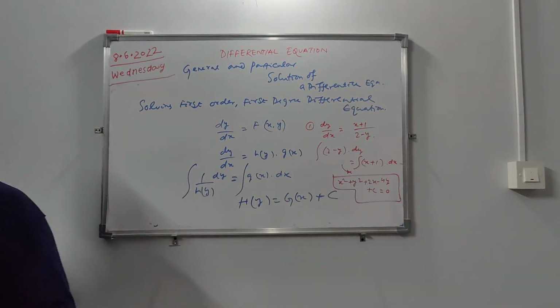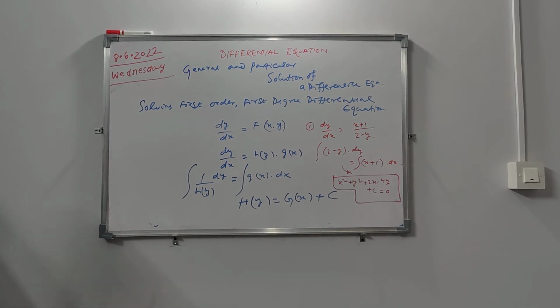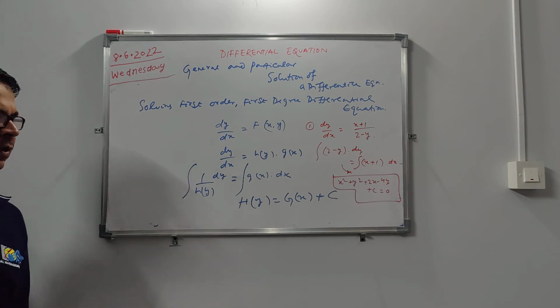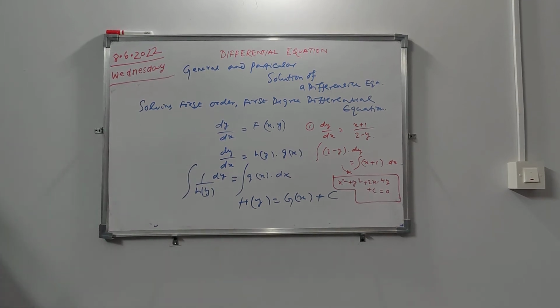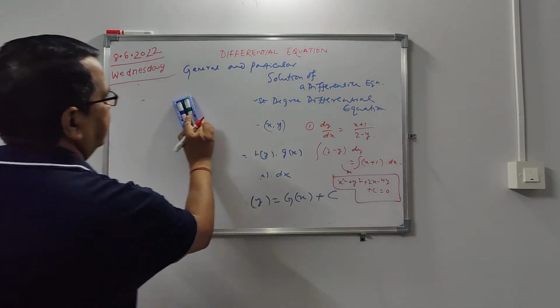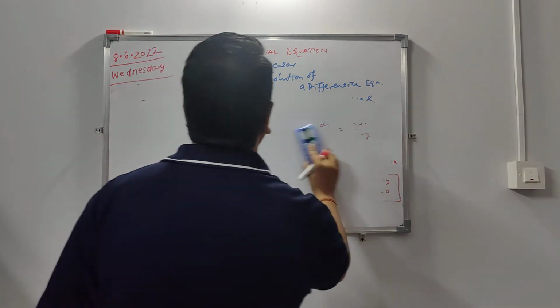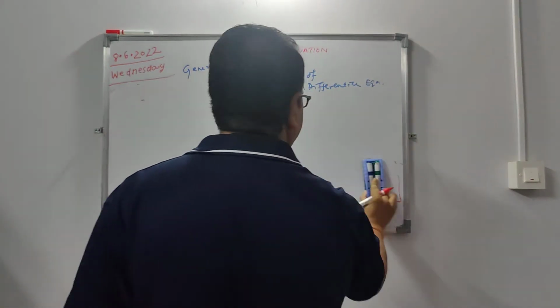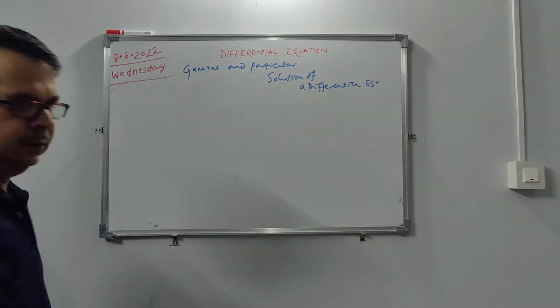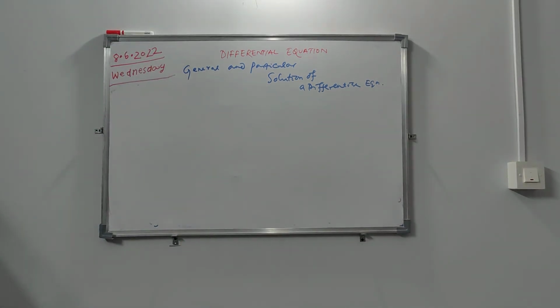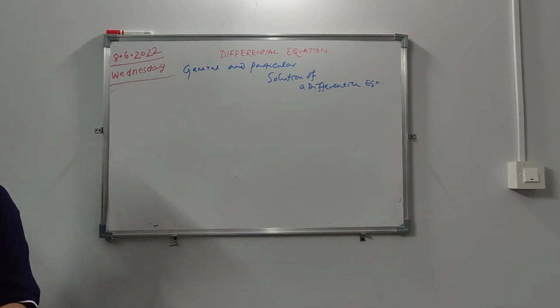Let us say in banking, how do we use the concept of differential equation in banking? Okay, one numerical we can solve. So in a bank, principal increases continuously at a rate of 5% per year.